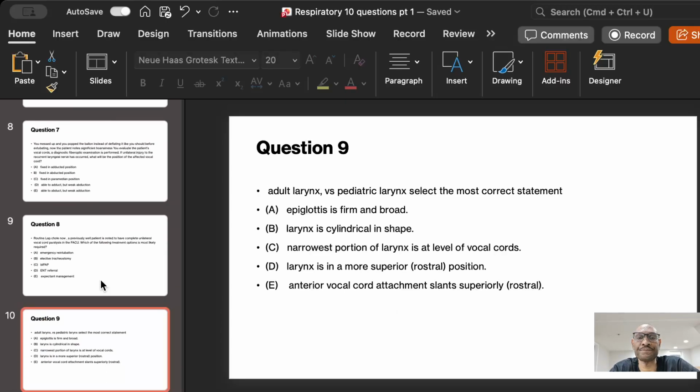Next question. The adult larynx versus the pediatric larynx. Select the most correct statement. This.